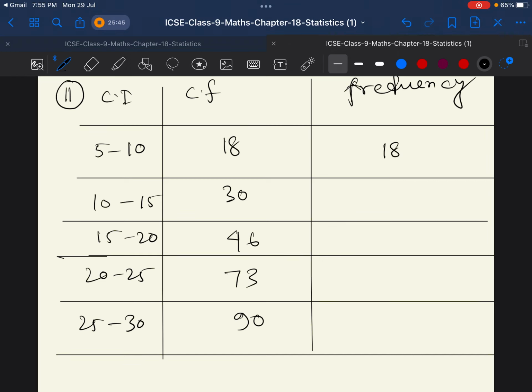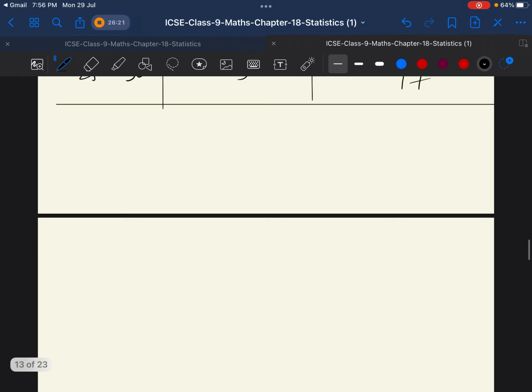Here first we write 18, then subtract 18 from 30. So we will get here, you see, 12, then 30 from 46, so we will get 16, then 46 from 73, 27, and 90 minus 73 will be 17.